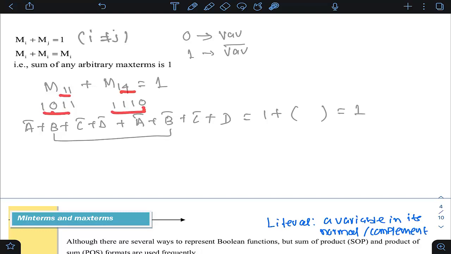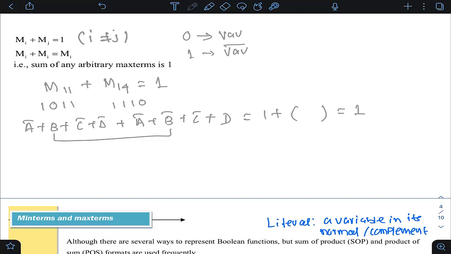There will be a mismatch: if it is 0 here, it is 1 there, and if it is 1 here, it is 0 there. So when you write the corresponding notation, you get a variable and its complement and you take the OR of it, so it will be 1, and 1 ORed with anything is again 1. So two different maxterms ORed always give 1.